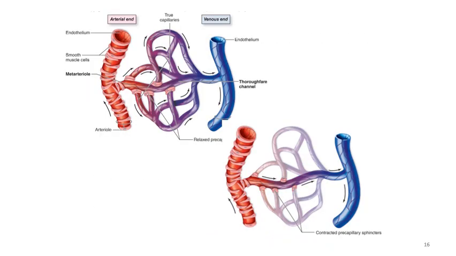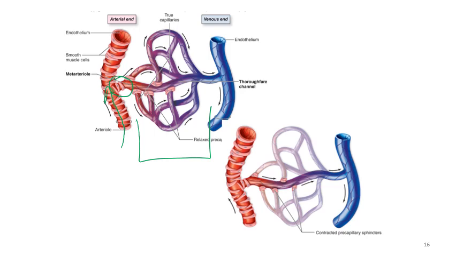So here is, I'm going to change colors because there's a lot of purple going on in here. Let's do green. So here is a capillary bed. We've got an arteriole bringing blood toward the capillary bed. The meta-arteriole is just this little area right here that's going to kind of branch off toward the capillary bed.